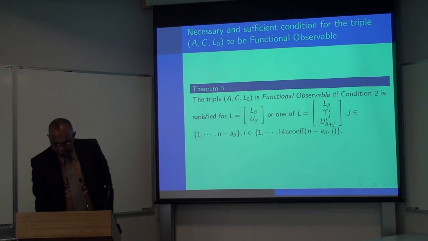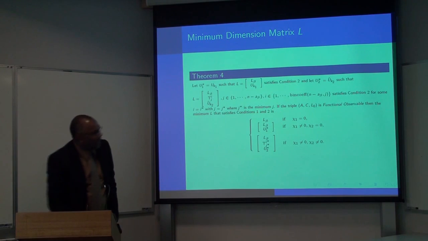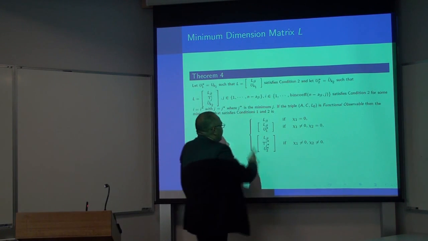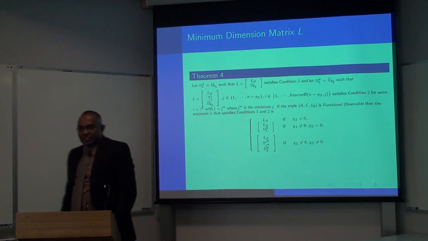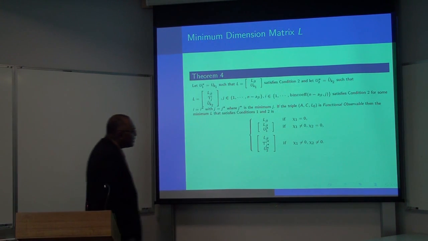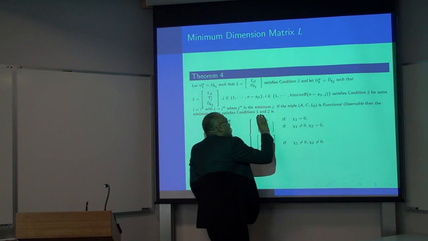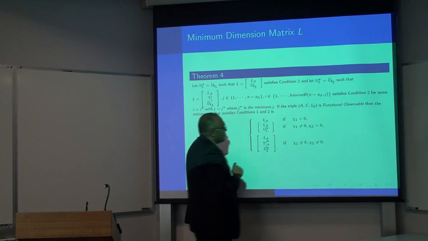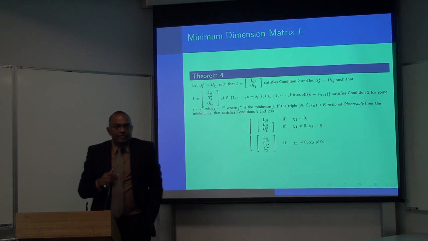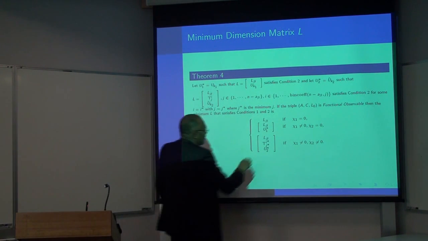And the last theorem is, if we have a phase 1 observer, then L beta is the minimum dimension matrix that satisfies condition 1 and 2. And the order of the observer is simply the number of rows in that. If the phase 1 observer doesn't exist, then we try a phase 2 observer.